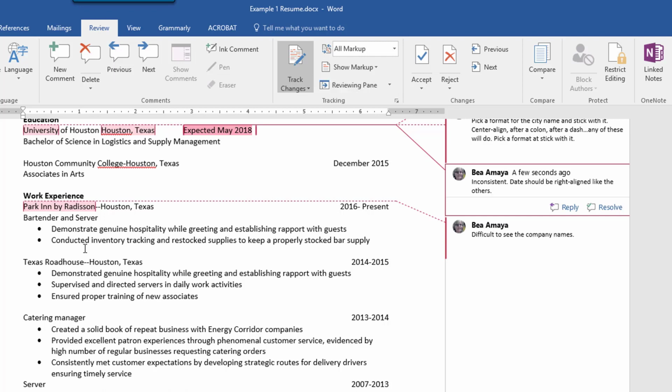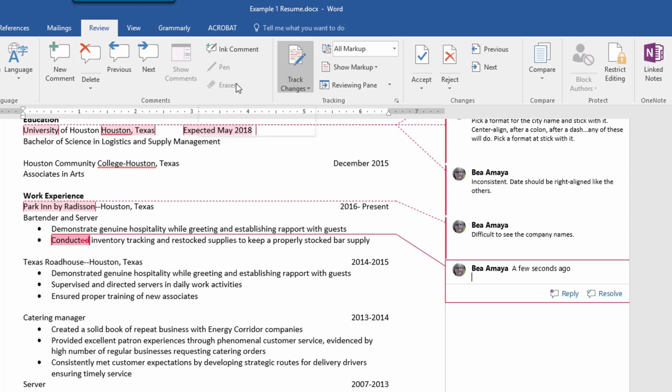The next one says conducted. That's past tense. In current jobs, you use present tense verbs. So let's help him out there. Use present tense in current jobs.